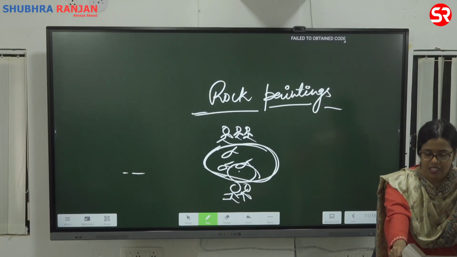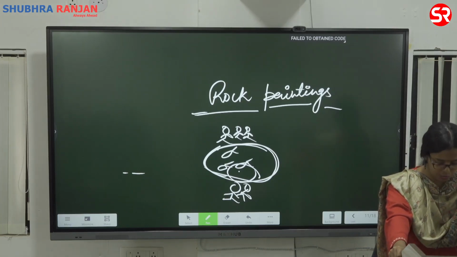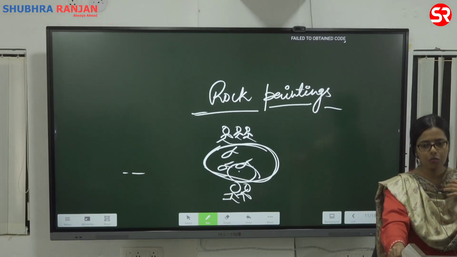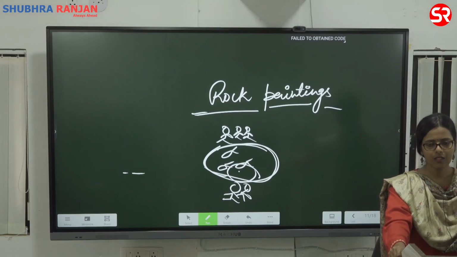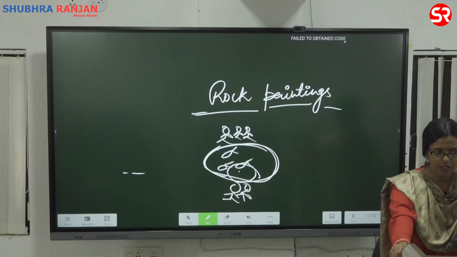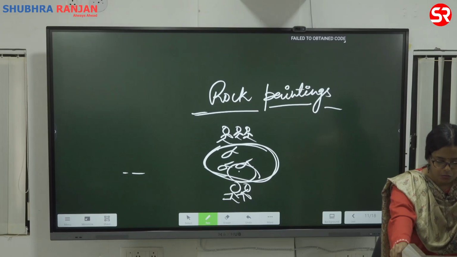These are paintings of big animals mostly, painted on the cave walls. Full stop.